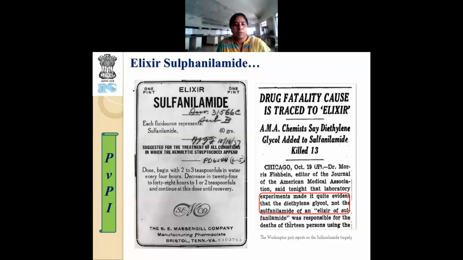The left side is the labeling of the elixir sulfanilamide on the bottle, and on the right side is the picture, where they tested and found that the diethylene glycol, not the sulfanilamide drug, was the culprit causing the deaths.